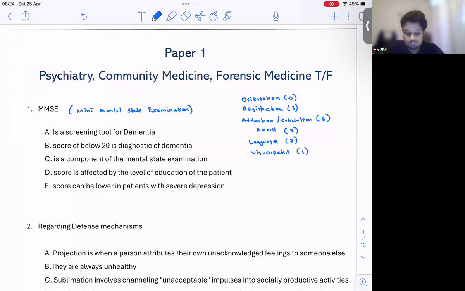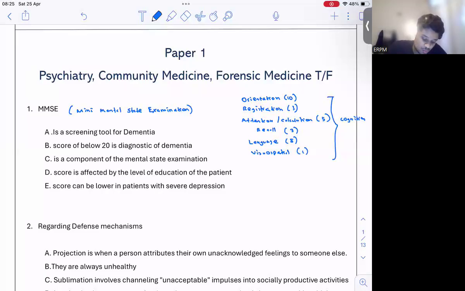So it has scores for these components, which are all part of the broad term cognition. Now remember, this MMSE is only a screening tool for dementia.